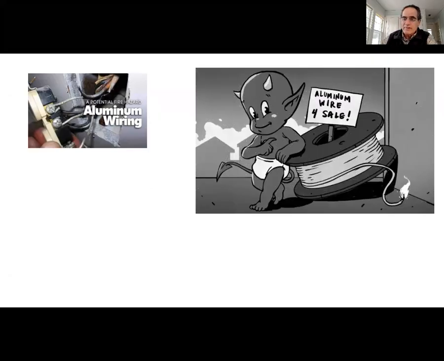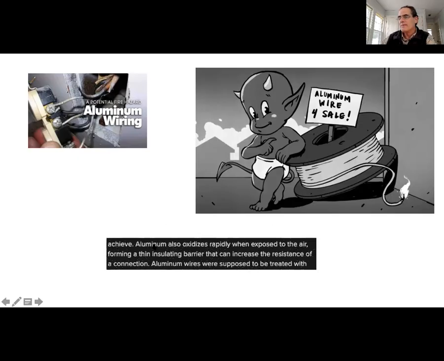Because there's a problem with aluminum too. The first is, of course, aluminum is flammable. The second is that aluminum provides a nice way to light that fire as well, because aluminum oxidizes rapidly when exposed to air. And this insulating barrier at the surface gets thicker and thicker over time.